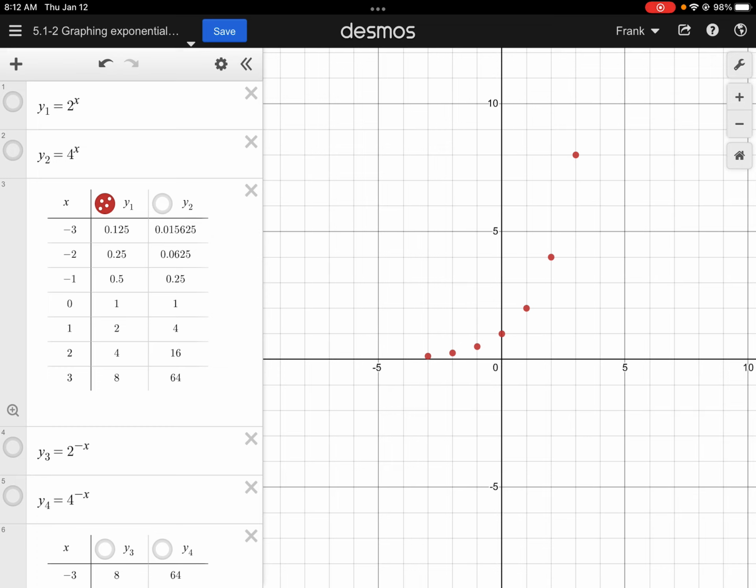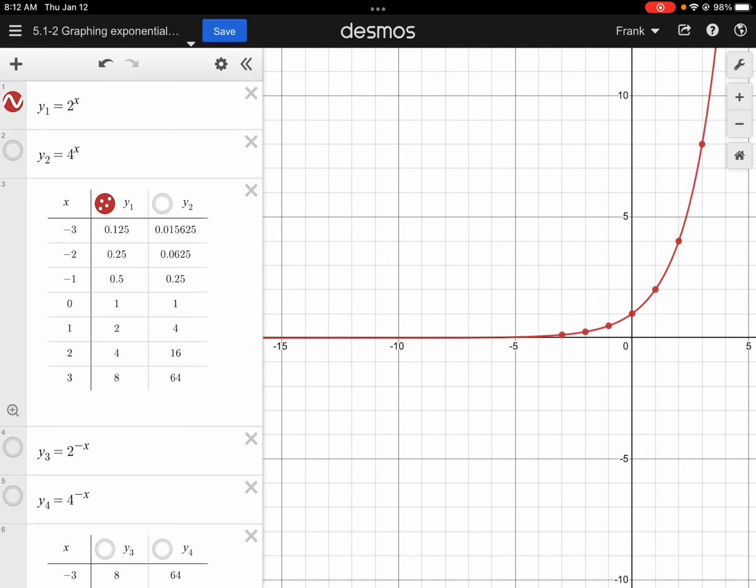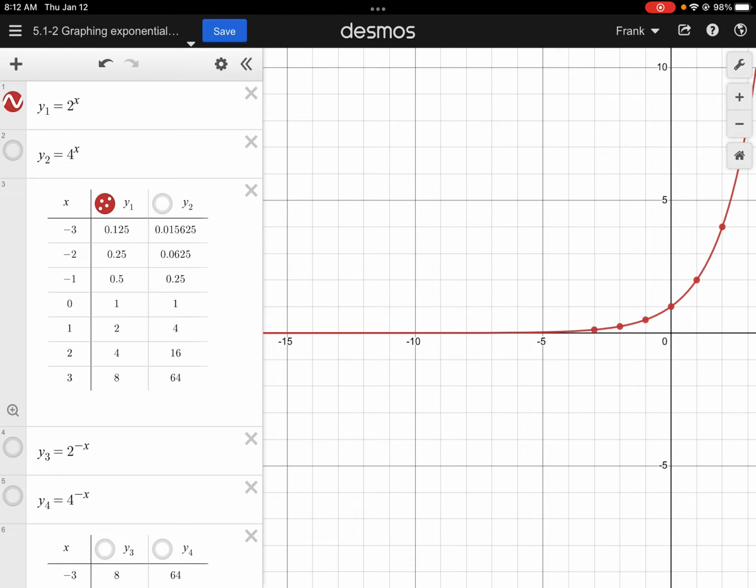So we have a bunch of points that we've plotted, and we would connect those with a smooth line. And here you have a classic exponential function that has a horizontal asymptote at y equals 0.